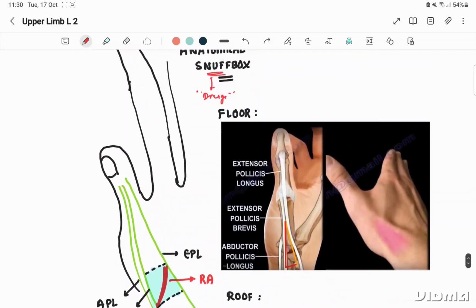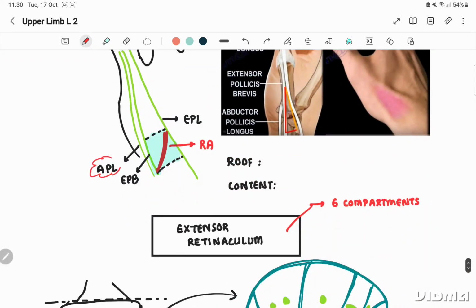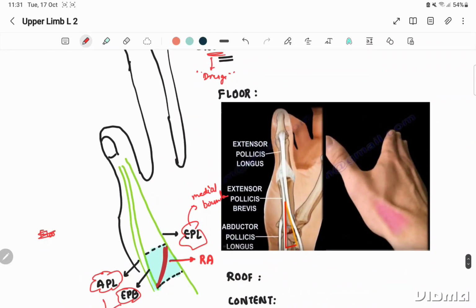So let's discuss the anatomical snuff box. In the anatomical snuff box we have the tendon of APL and the tendon of EPB, which form the lateral boundary, and the tendon of EPL which forms the medial boundary. The floor is formed by the bones, the scaphoid, the trapezium and the base of first metacarpal.